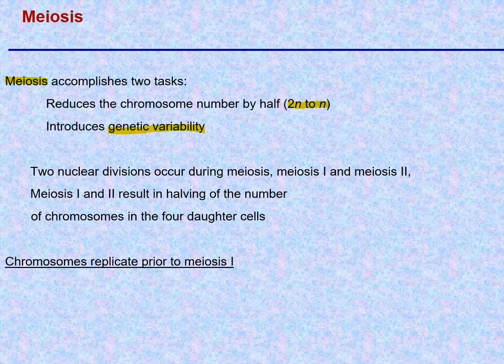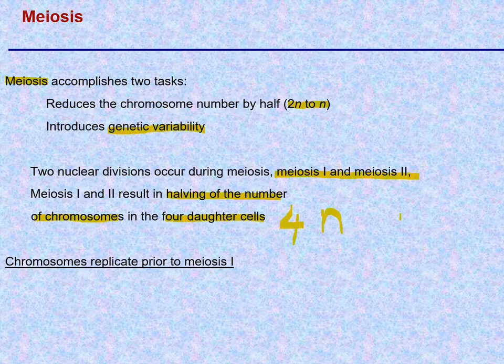There are actually two divisions, two cell divisions or nuclear divisions, occurring during meiosis. It's meiosis 1 and meiosis 2. It does result in a halving of the number of chromosomes from 2N to N, and it also results in 4 daughter cells being produced, and each of the 4 daughter cells are haploid. So you have 4 haploid cells.